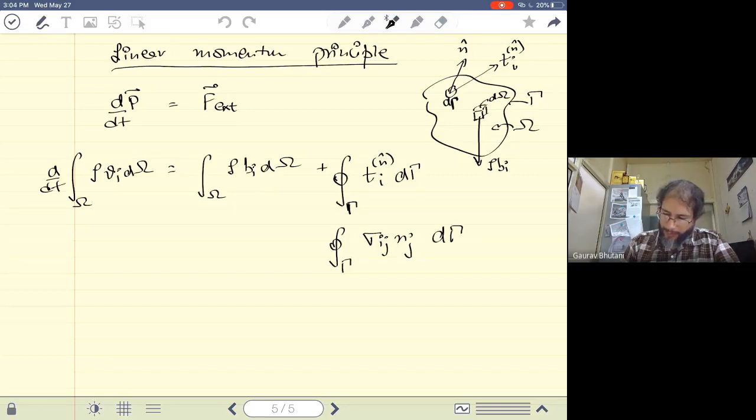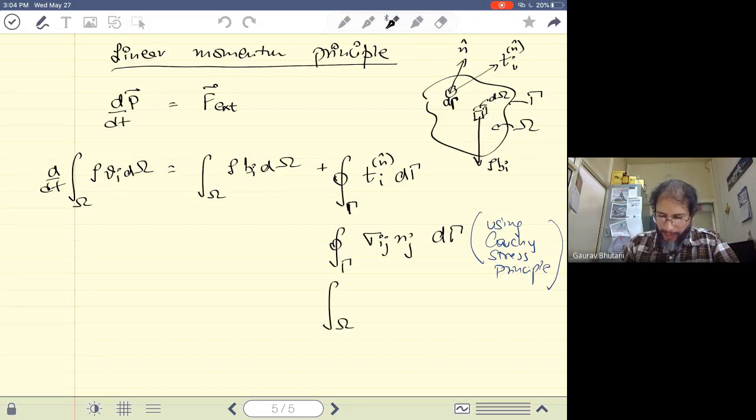And so let's write that in the bracket. Okay, next we can apply the Gauss divergence theorem to convert a surface integral to volume integral. So this becomes a volume integral, and we get sigma ij comma j here, and then we have a d omega.